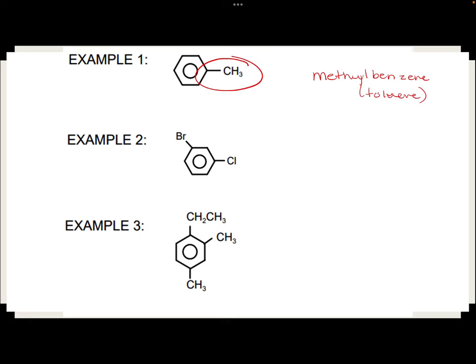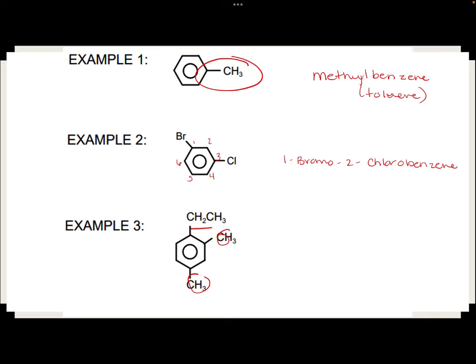The next example, there's more than one substituent. If there's 2 possibilities, we start with alphabetical first. So bromine starts here, and then we go in the direction of the next substituent, towards chlorine. So we name it 1-bromo, 2-chlorobenzene.